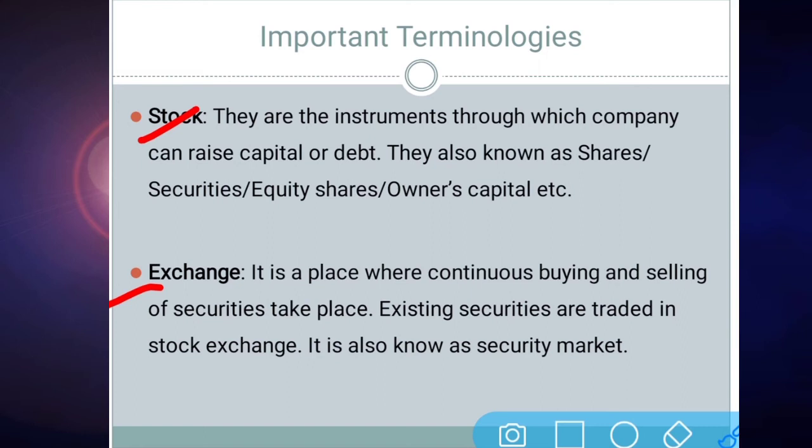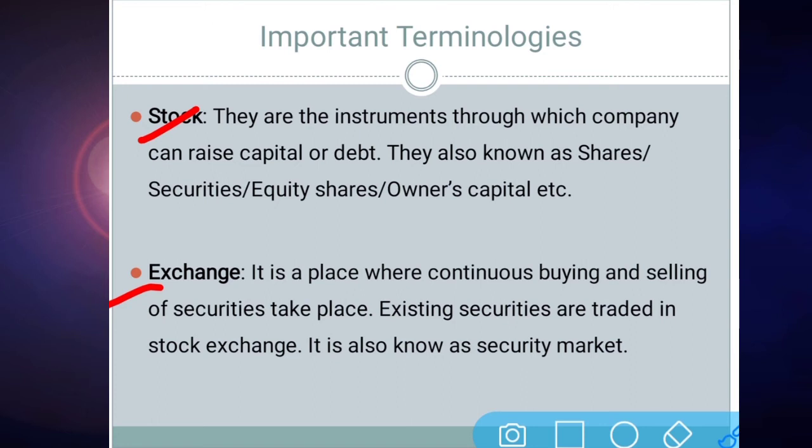The second word is exchange. It is a place where continuous buying and selling of securities takes place. Generally, only existing securities are traded in a stock exchange. Exchange is also known as stock exchange.